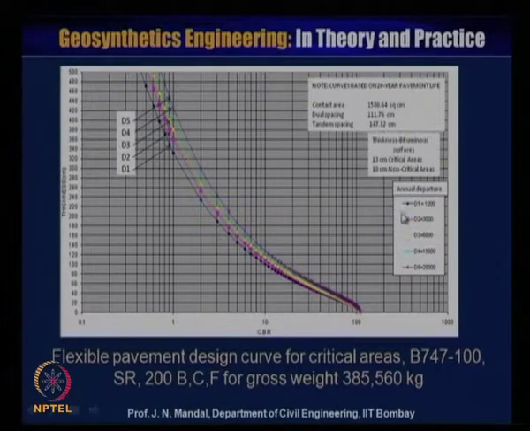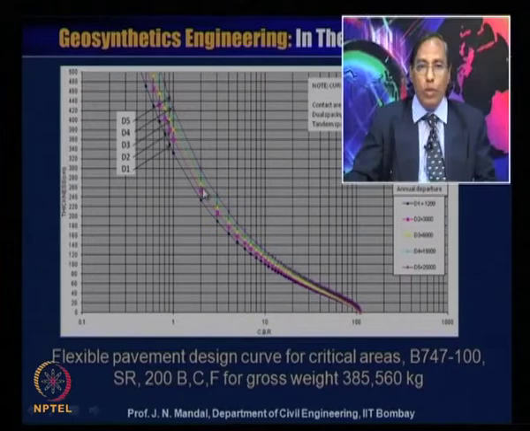So if you know the annual departure, and if you know the CBR value in the unreinforced case, let us say the CBR value is 2, and the annual departure, then you can calculate the thickness of the pavement in the unreinforced case.